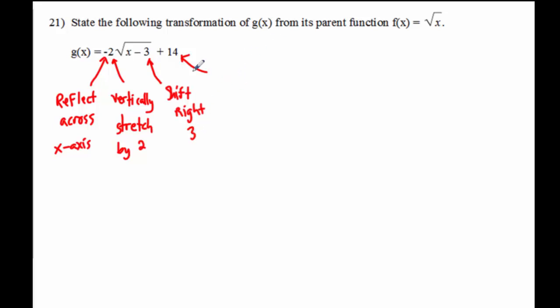And then finally, the plus 14 on the outside moves us up 14, which is actually why this is difficult just by looking at your calculator, because it may not even show up on your normal window because of that plus 14. You might have to actually zoom out or whatever.